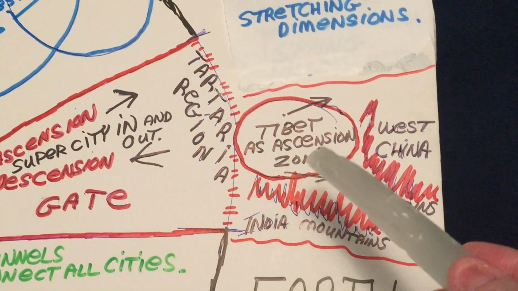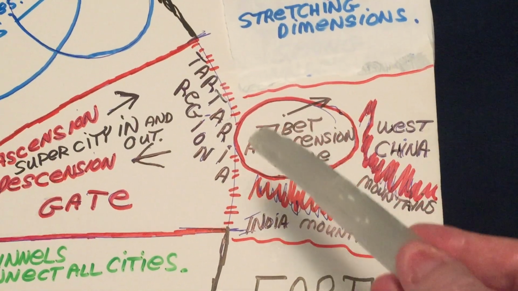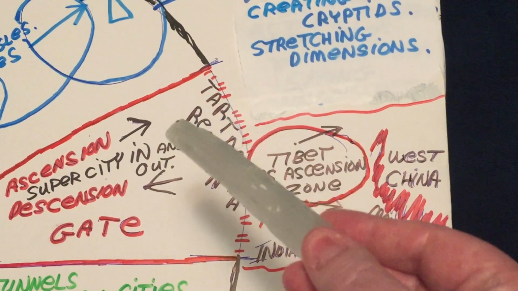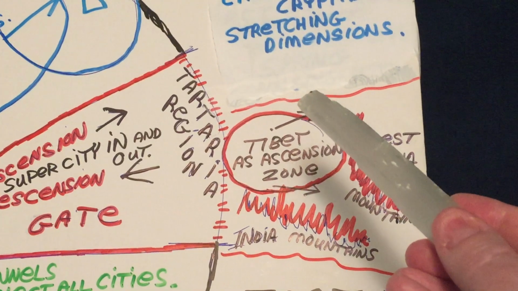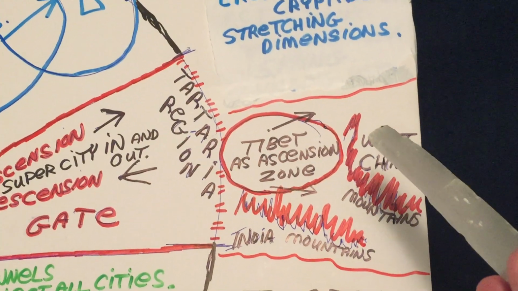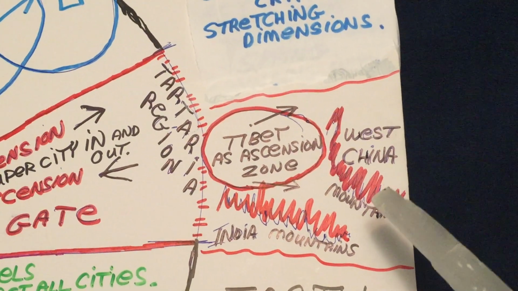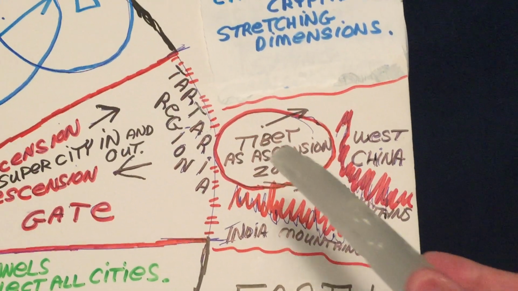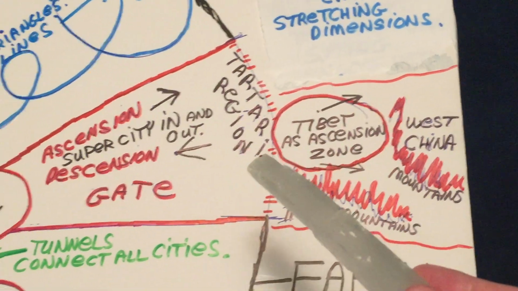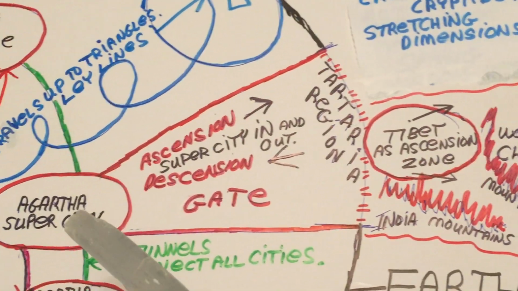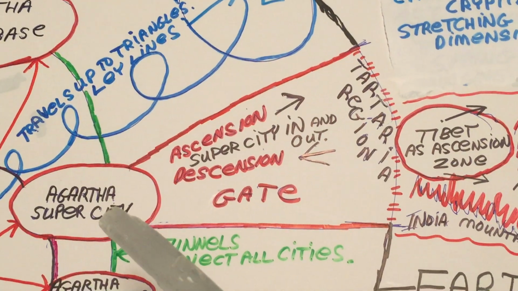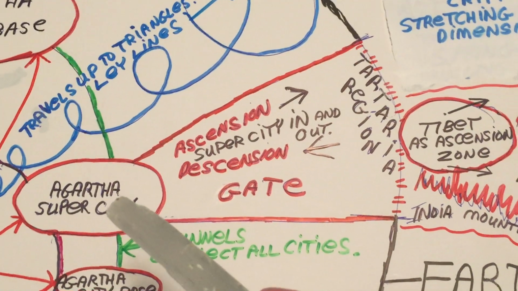You can look at Tibet and see it as a circular, oblong, strange area, and just a little bit north-west of that is another area that is surrounded by various mountain ranges, not far from the West Mountains of China. And this is the region of Tartara. You can see a field there as well, surrounded by mountains. And this is where this giant city can ascend and descend out of the planet at will when they wish to.